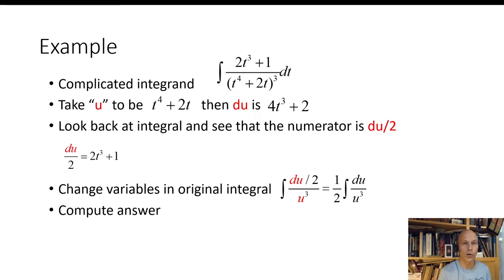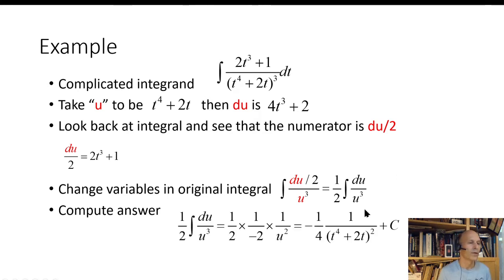It's a little more complicated than the previous example, but not terrible. So 1/2 the integral of du over u cubed is 1/2 times 1 over negative 2 times 1 over u squared. It's just using the antiderivative. And then we put in our u, which we remember was t to the fourth plus 2t, and we have an answer.